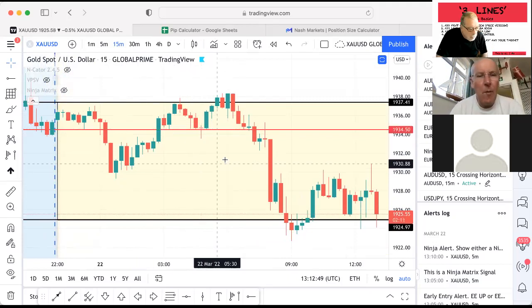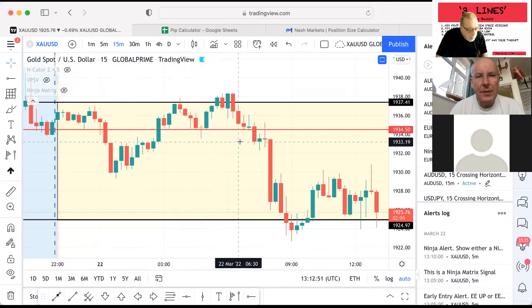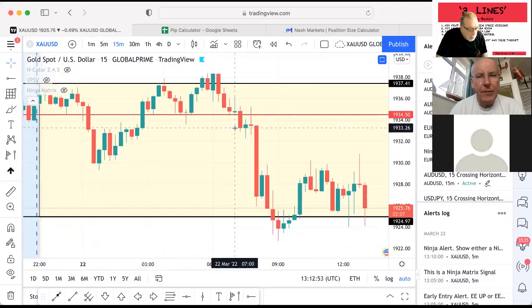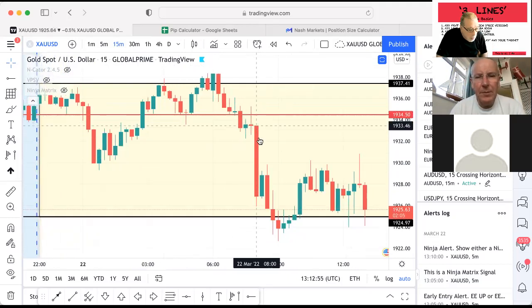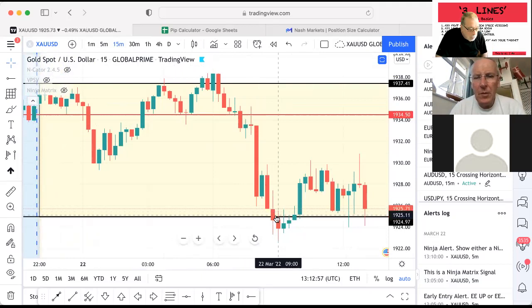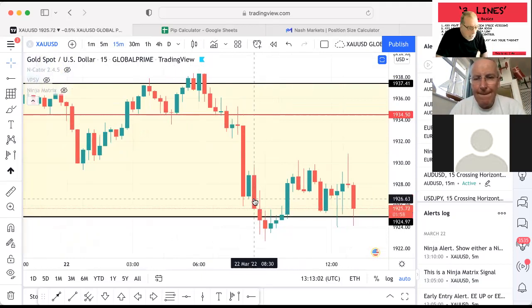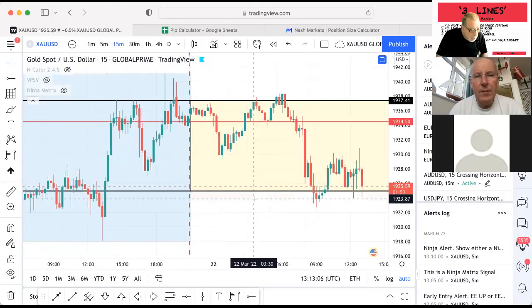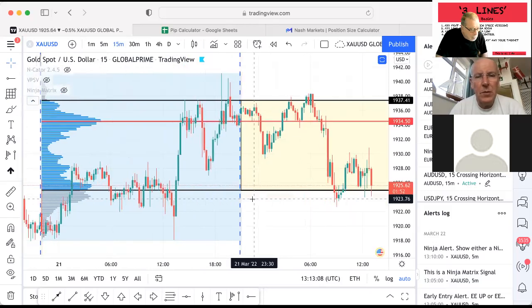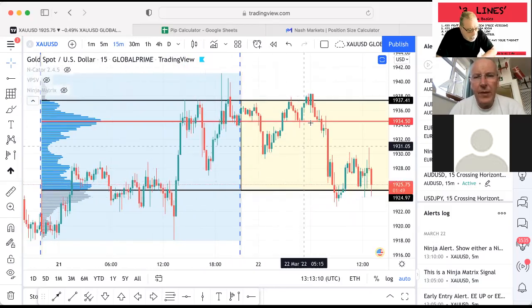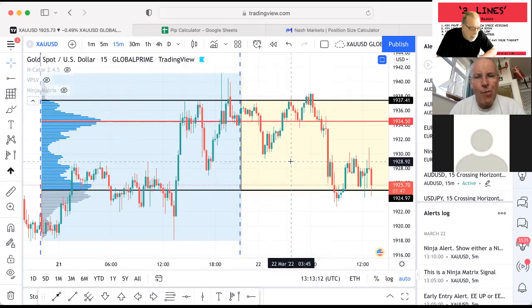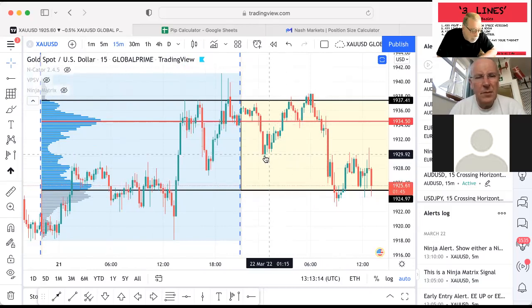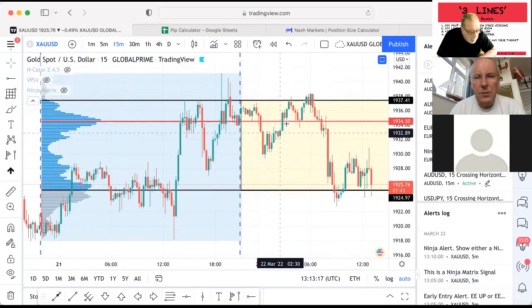And then I'm adding a bit of an extra, which is taking trades away from the point of control down to the end of the value area low. So I'm looking at extra potential trades by taking trades away from the point of control, as well as taking trades from there, for example, up to the point of control.